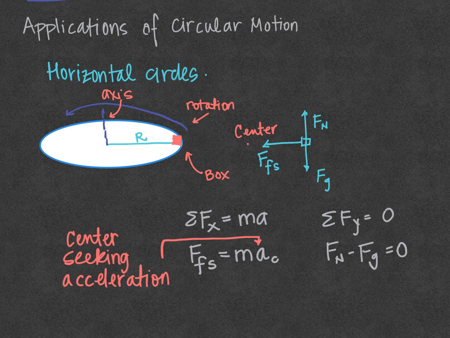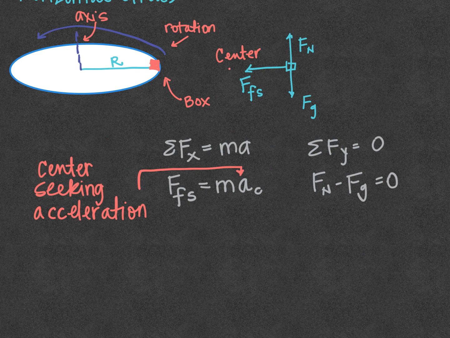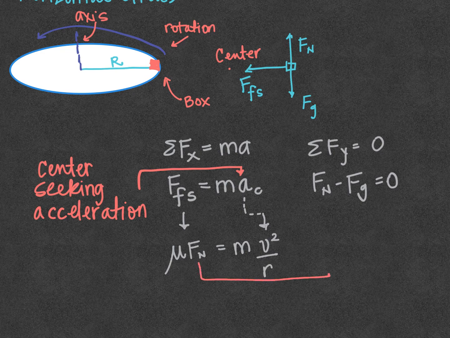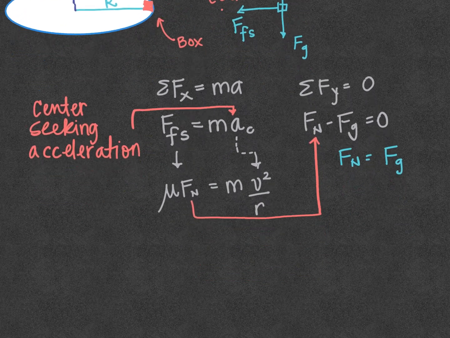And so instead of any old acceleration, it's a special acceleration. It's a center-seeking acceleration. So taking this further, I remember that the friction force is mu times normal. And we have discussed that the center-seeking acceleration is velocity squared over radius. And then my normal force can be found over here. So the force normal would be equal to the weight. So let's make that substitution.